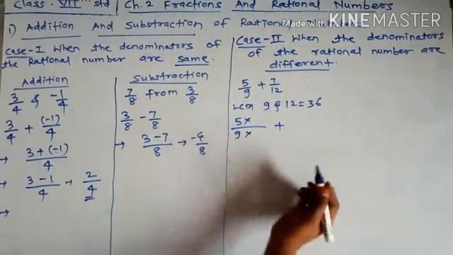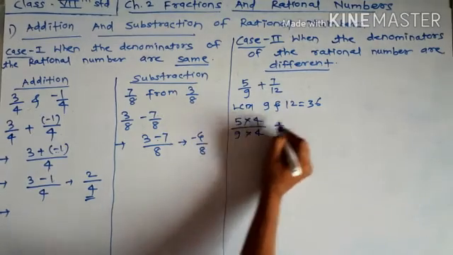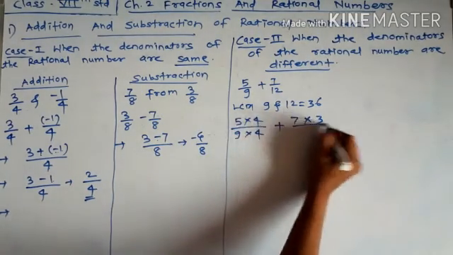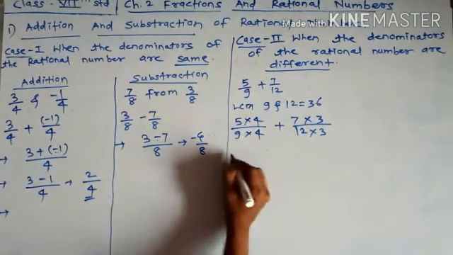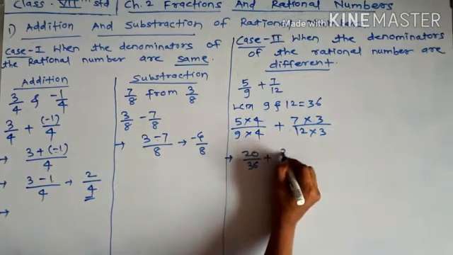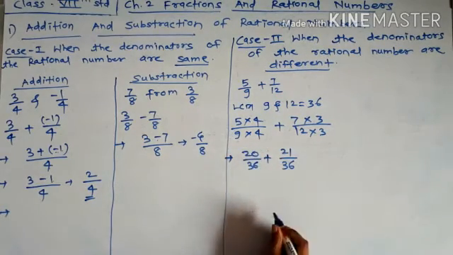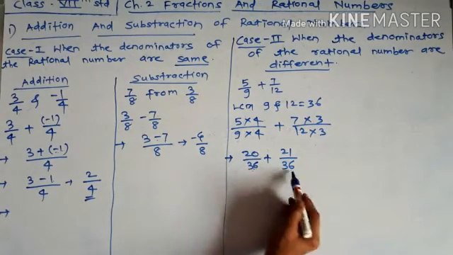So here we multiply the first rational number by 4 and the second rational number by 3, then we get 36 as their denominator. Which means 20 upon 36 plus 21 upon 36. Now we have the two rational numbers having the same denominators.